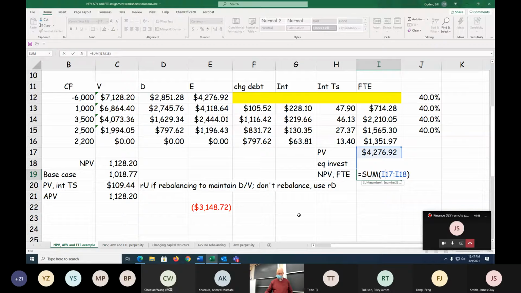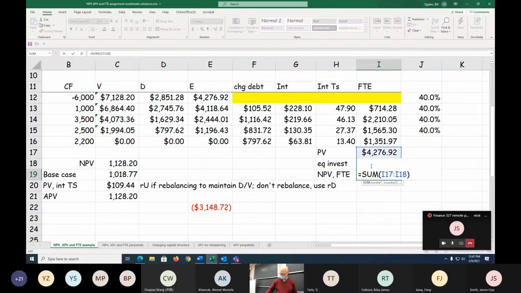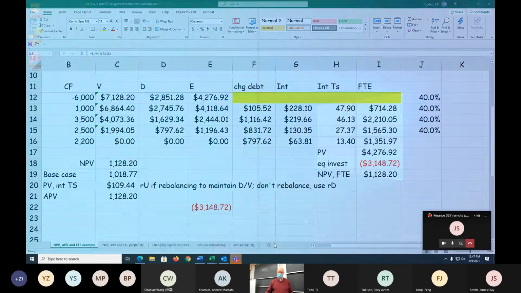It's just the present value of the cash flows to equity minus the equity investment. You can't hardly see it, that's the trouble. So it's basically this present value minus the equity investment. Is that what we're asking? I hope I'm answering the right question.